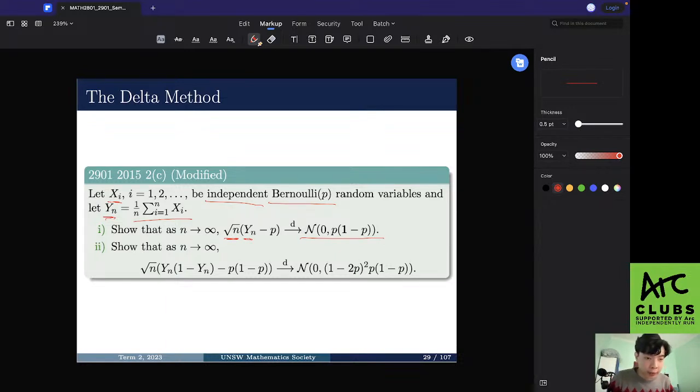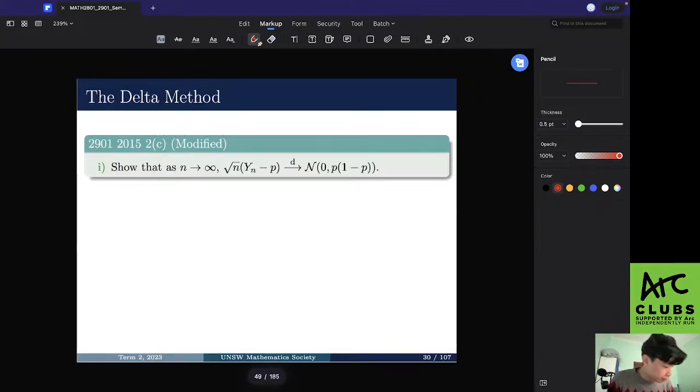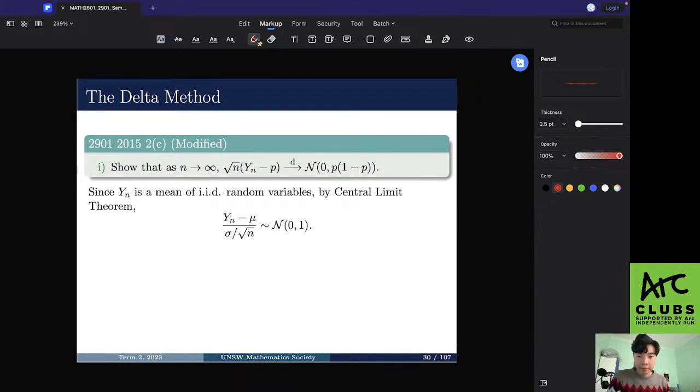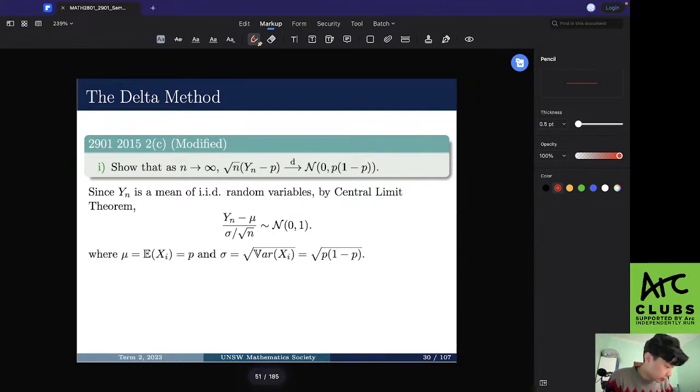Well, this looks a bit complicated, but not to worry. It's actually just an application of the central limit theorem. We know that Yn is a mean, right? And we also know what the distribution of X is. So we can use the central limit theorem, where since Xi is a Bernoulli of p, we know that mu is just p, and the variance is p times 1 minus p.